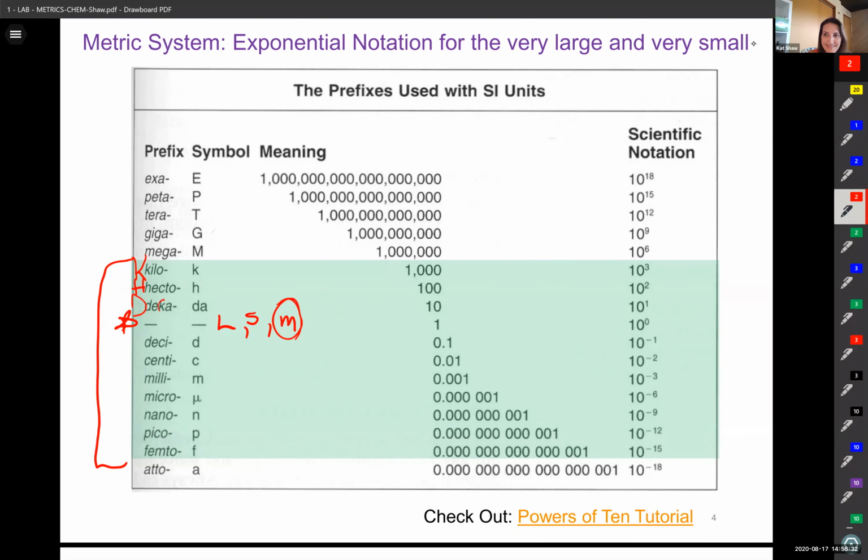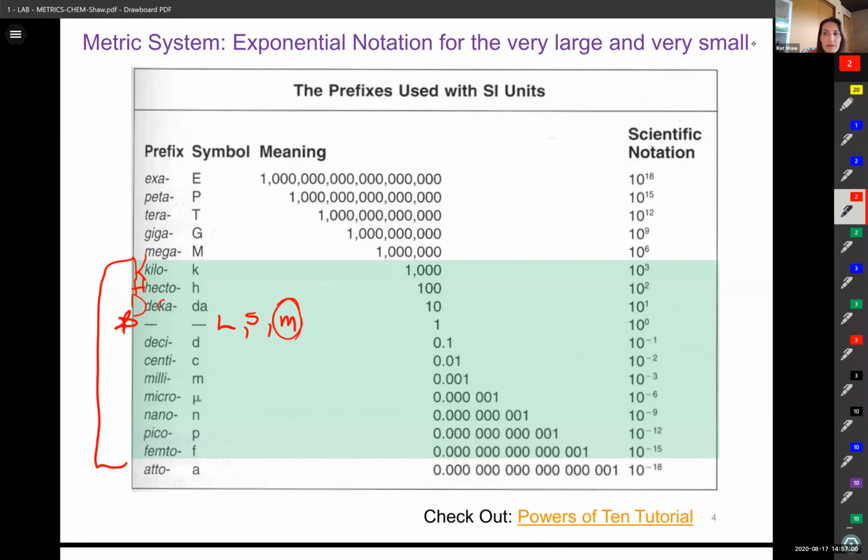There are 10 decimeters in 1 meter. A centimeter is 1/100th of a meter. There are 100 centimeters in 1 meter. So when I say that, that gives you your conversion factor, knowing that you have 100 of those centimeters in 1 meter.